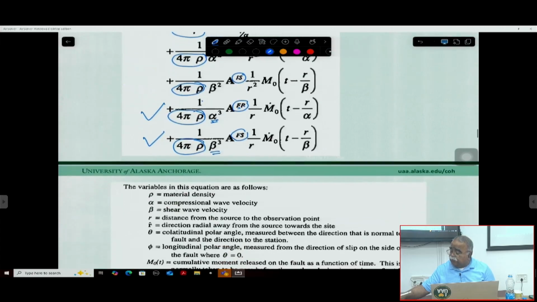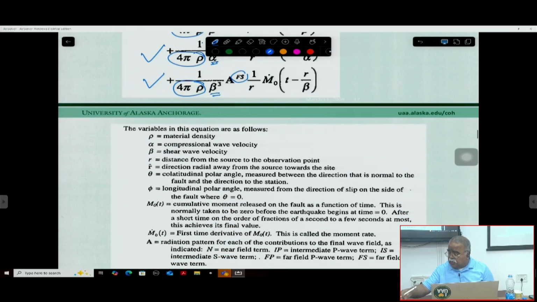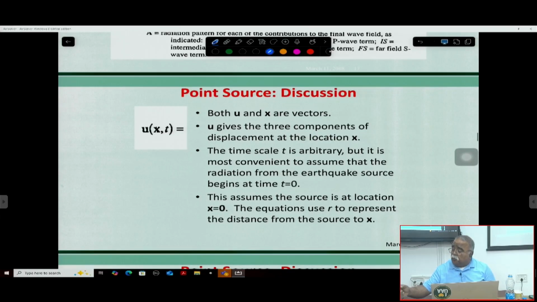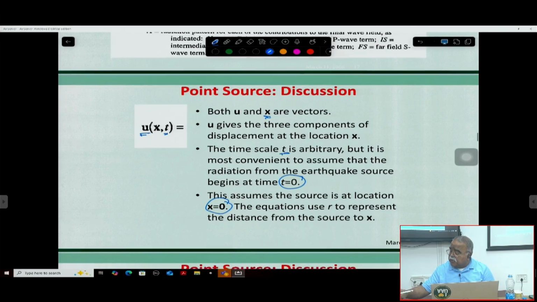So these are all the descriptions of the terms. U is the displacement, X is the distance, both are vectors, and we are assuming X equals 0 means at the center, and t equals 0 means at the center too. But this is your time at any time scale t.